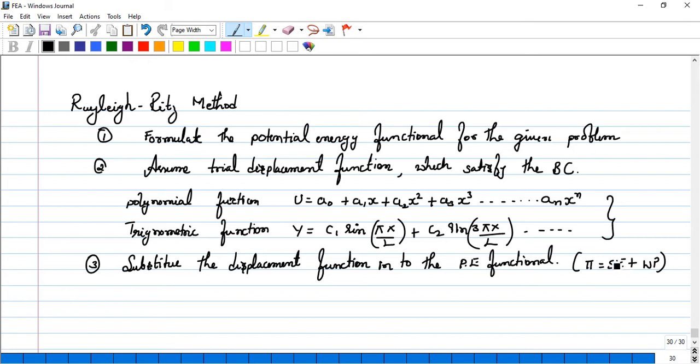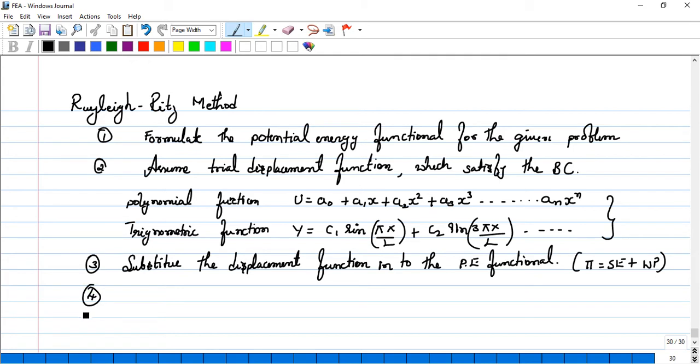Here we need to substitute this displacement function that we obtain into the potential energy functional.